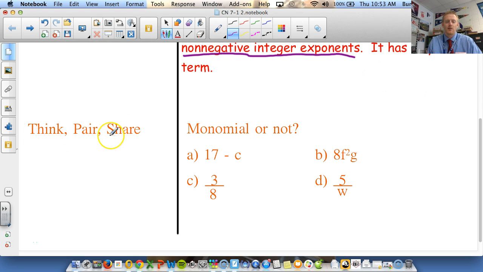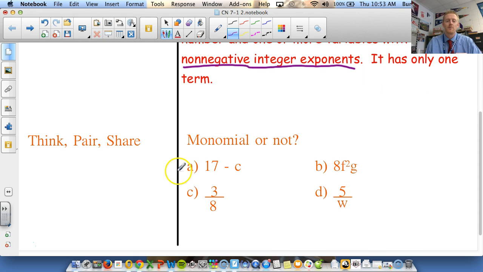So if we look at the next four numbers here, this is something that we're going to ask you to think on your own. If you want to pause before I answer them, that's fine. But for something to be a monomial, it falls into our definition above. This first one, A, there's two terms, therefore it is not a monomial. Letter B, it is a product of a number and variables, and the exponents are positive, so this is a monomial.